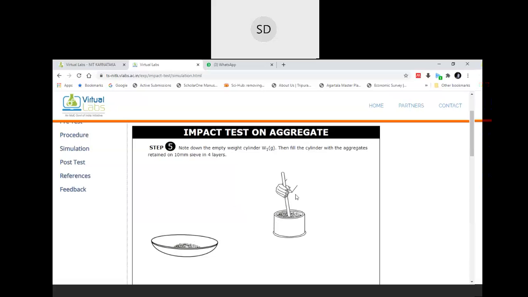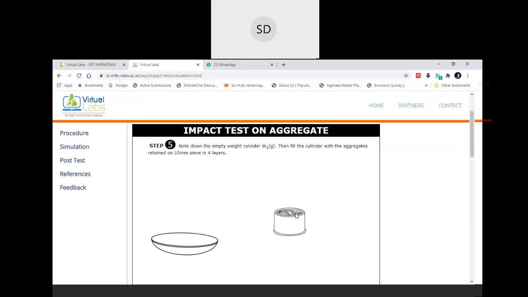Another layer, then tamping, then another layer. This tamping is done for better compaction and to remove any additional air voids.